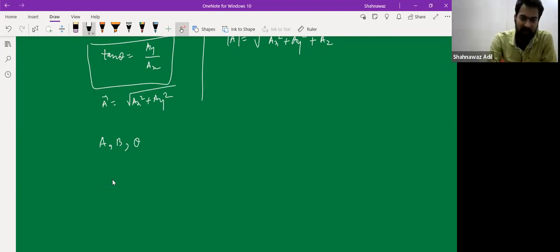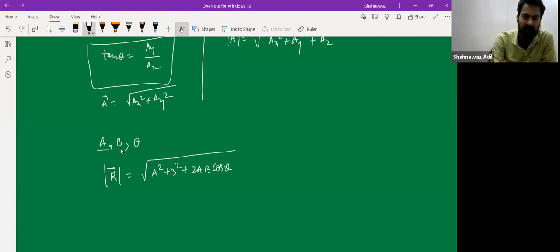The resultant of vector A and vector B would be R, and the magnitude would be the square root of A square plus B square plus 2AB cos theta. This is in the polar form, if you only know the magnitude of both the vectors.